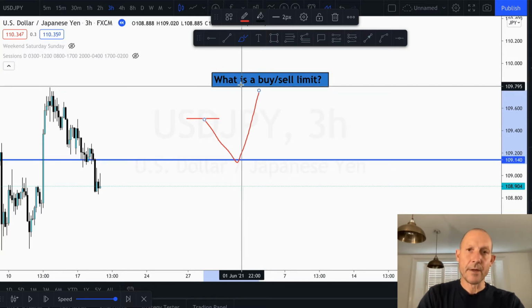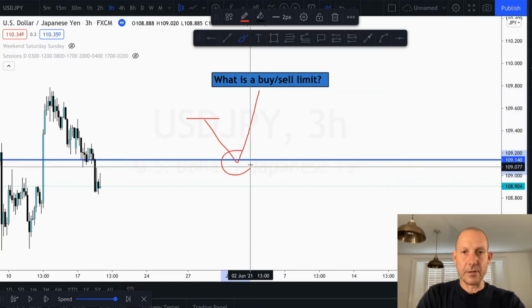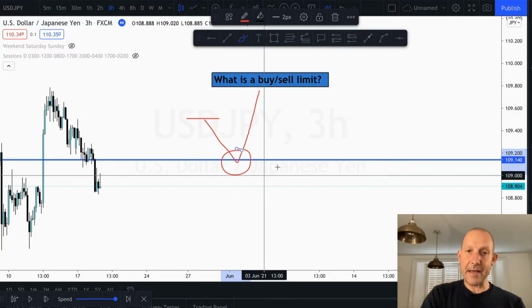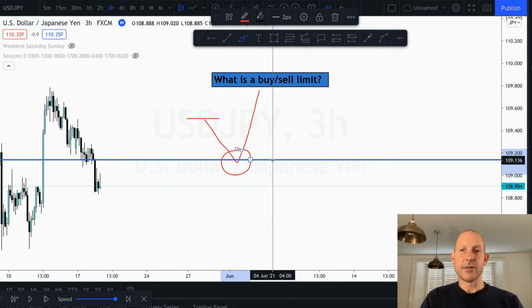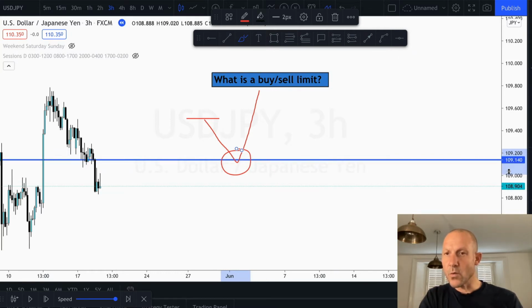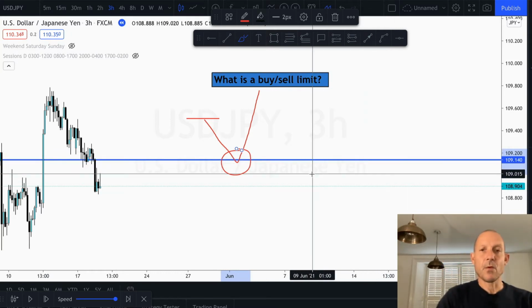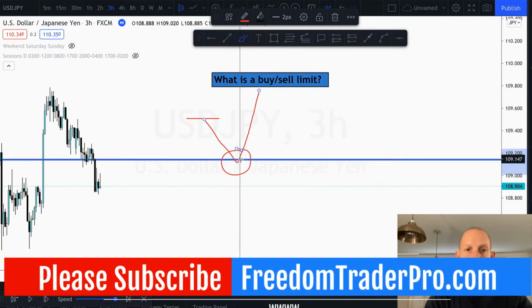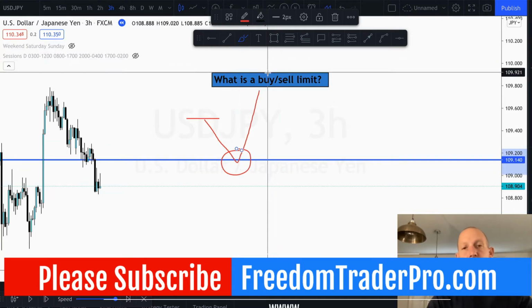So we want to enter a buy position when price gets to here. So we set up a buy limit at this price point. Whatever this price point is, 109.140, we set up a buy limit at that point. So when price comes down, it hits that price, triggers a buy, and then hopefully moves into a bullish direction.